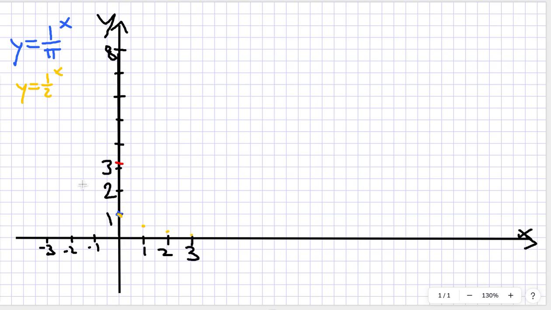And you know what it's doing on the left side? What's a half to the negative 1? A half to the negative 1 is 2. A half to the negative 2 is 2 squared, which is 4. So that one would go right here. And a half to the negative 3 is 2 cubed, which is 8.